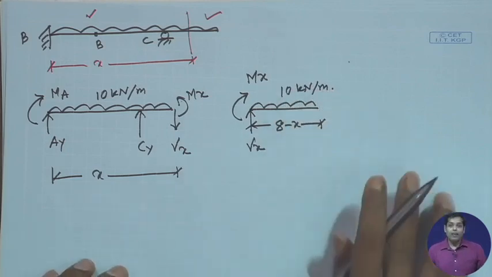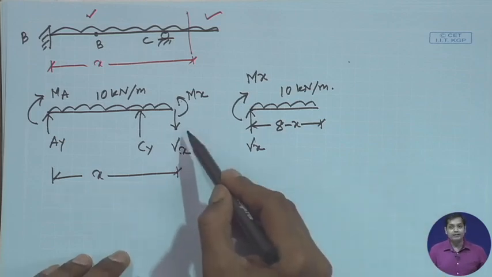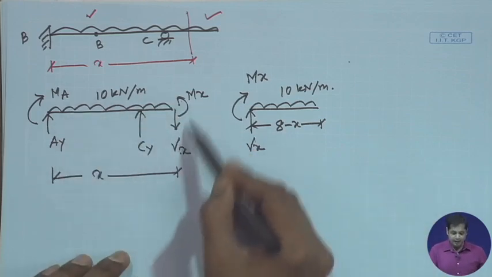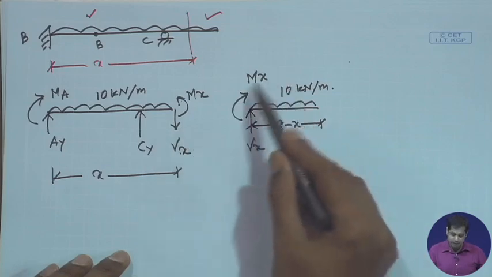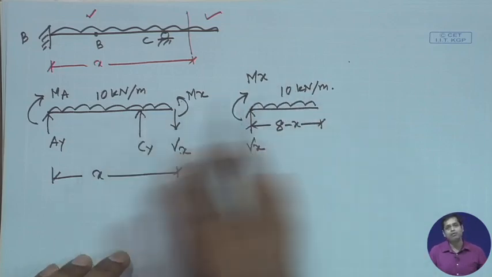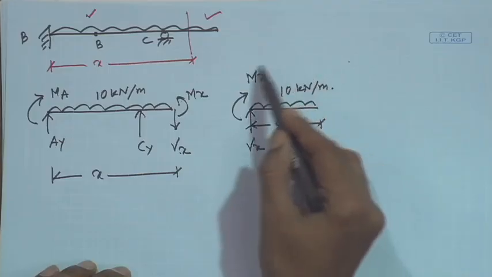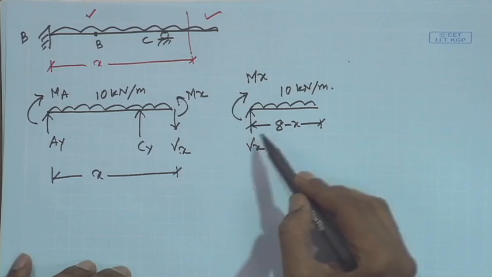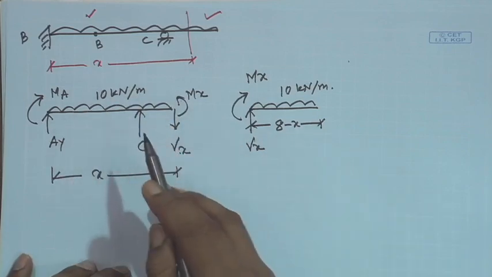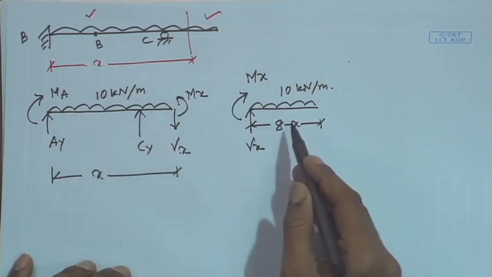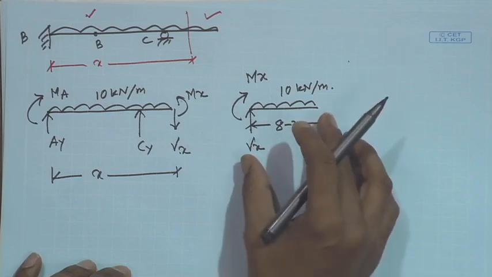You see, if I calculate Vx and Mx from this free body diagram, and Vx and Mx from this free body diagram, both will give me the same expression. But computation with this free body diagram is easier as compared to this. Why? Because the number of reactions is less here.